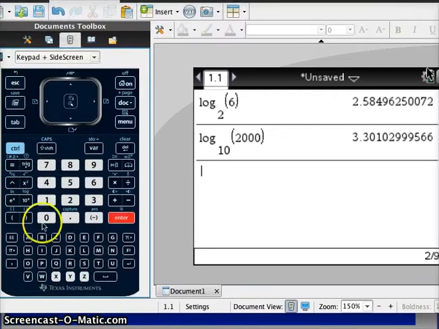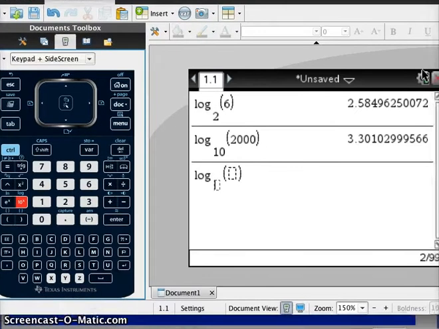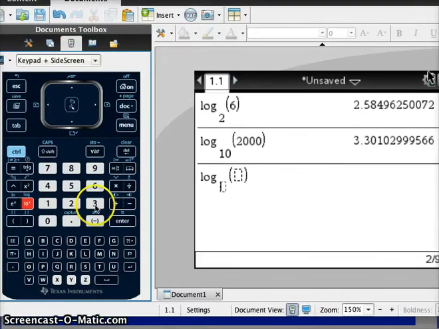There we are. So that we can type in log, which again was right above the 10 to the power button on our TI Inspire calculator, base 3, so we're going to just type in a quick 3 of 15.